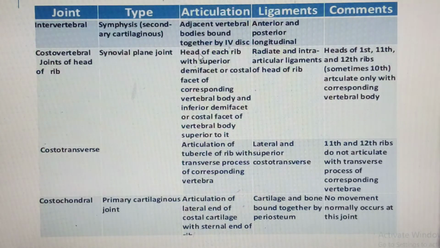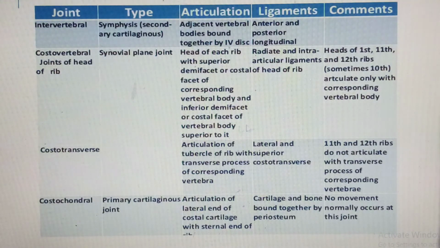One key thing is that the head of each rib has a superior demifacet, or costal facet, for the corresponding vertebra, and the inferior demifacet articulates with the costal facet of the vertebral body superior to it. The superior one attaches to the corresponding vertebra, and the inferior one attaches to the vertebra superior to it.